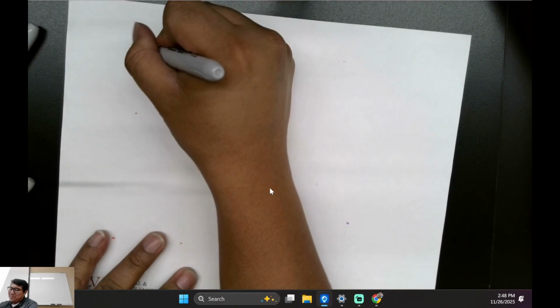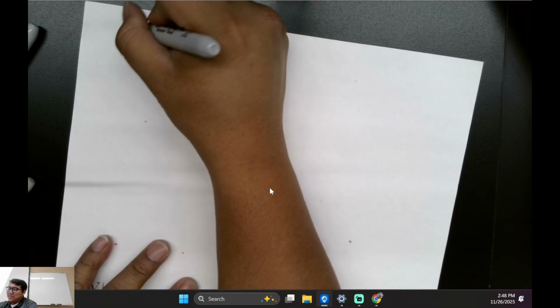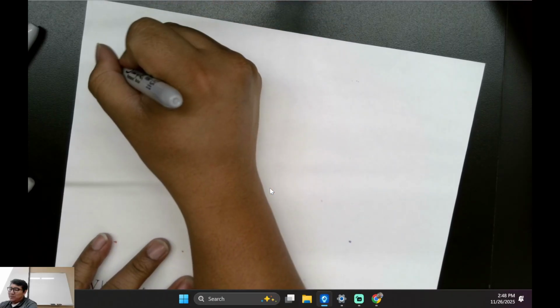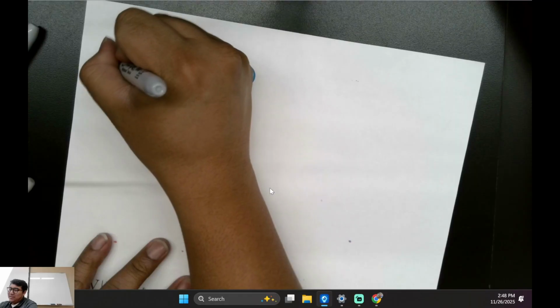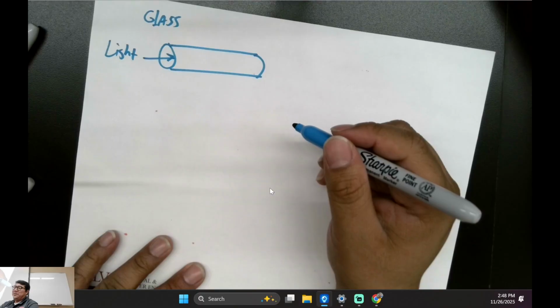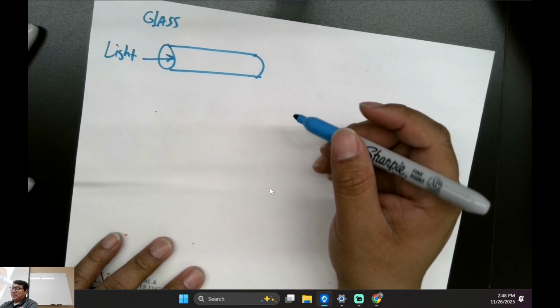So the way optics works is, it's basically glass right there, and you're literally shining light into this little tunnel. So there's a theory, and you'll learn this in electromagnetic transmission line theory or optics.